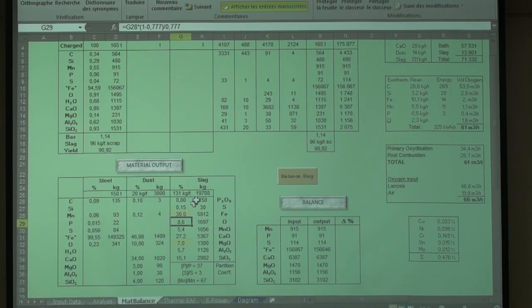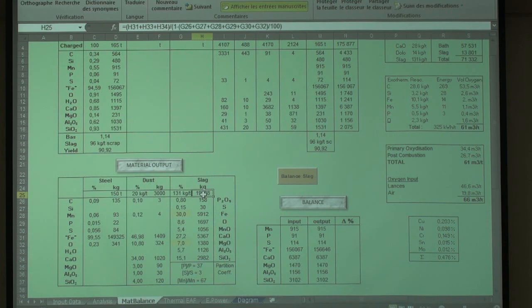So then, in order to know the weight of the slag, we take the total amount of oxides we have calculated the weight, yeah, CaO, Al2O3, SiO2.